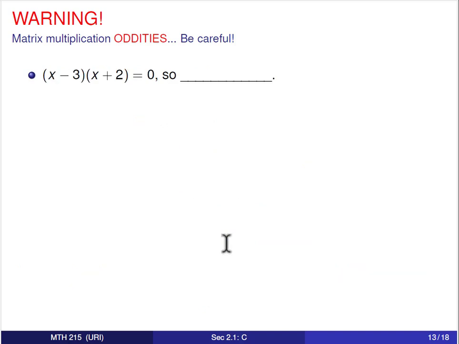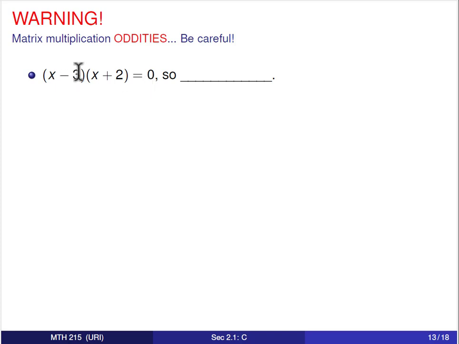Okay, for our last warning, let's take a look at this equation. x minus 3 times x plus 2 is equal to 0. Now, back in Algebra 2, you were solving quadratic equations, and this was the way that you liked to do it. You liked to take your x squared minus x minus 6, and break it up into two factors with the other side equal to 0.